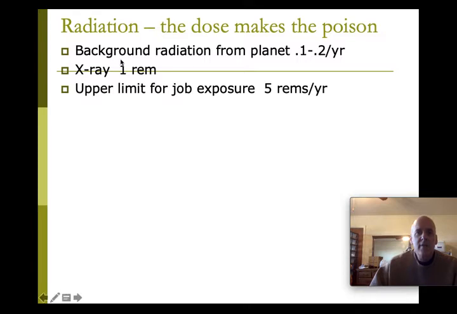The upper limit for safety is 5 REMS per year. If your job exposes you to more than 5 REMS per year, they're going to have to change something.